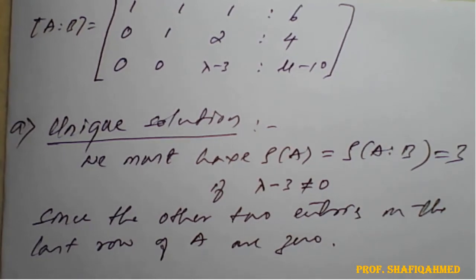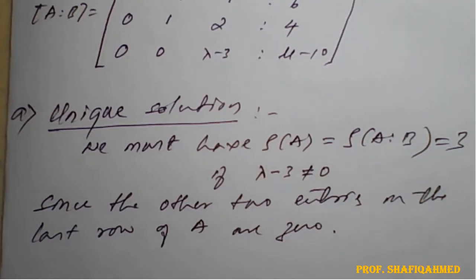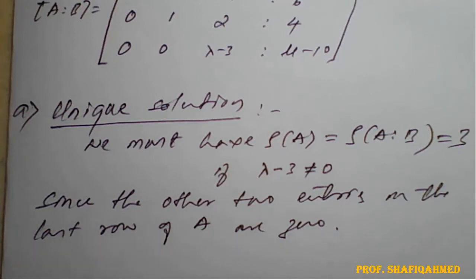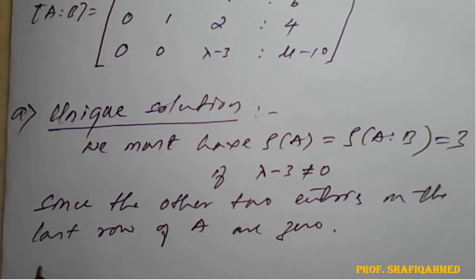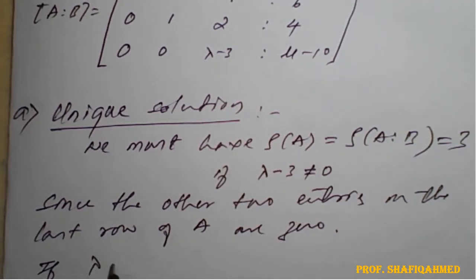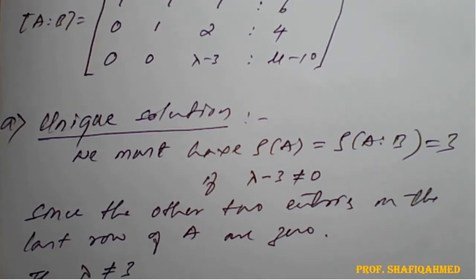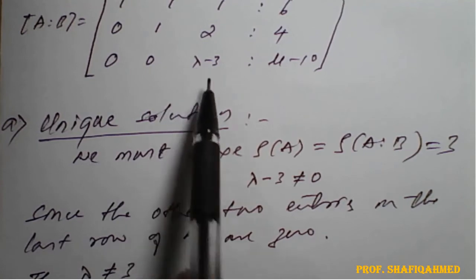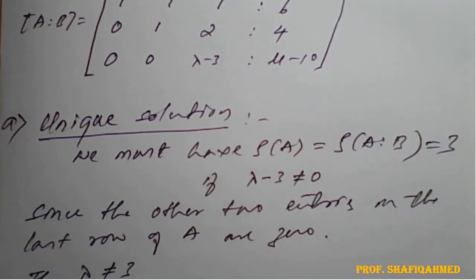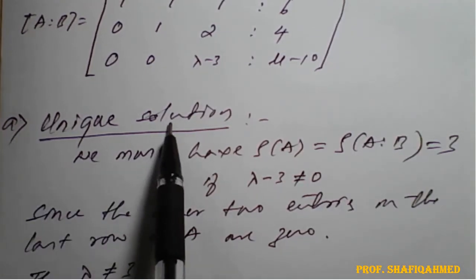And one more thing I want to make clear here: if lambda is equal to 3, it will not fit a unique solution, because we need to describe a unique solution.